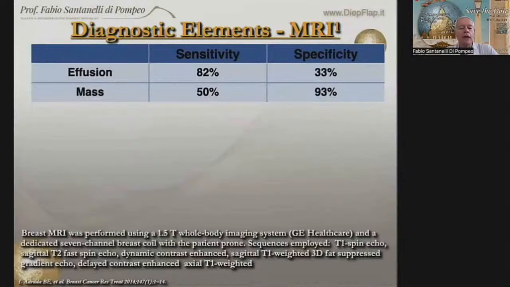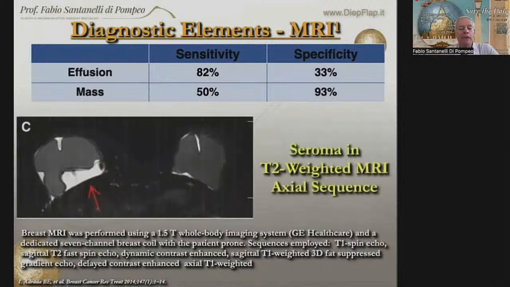What about the MRI? The MRI shows a sensitivity which is quite high for the effusion, but low for the mass. On the contrary, the specificity, I'm sorry, is quite high for the mass. So those exams basically need to be combined. The image that we see below shows a bilateral MRI of the implant and the breast.